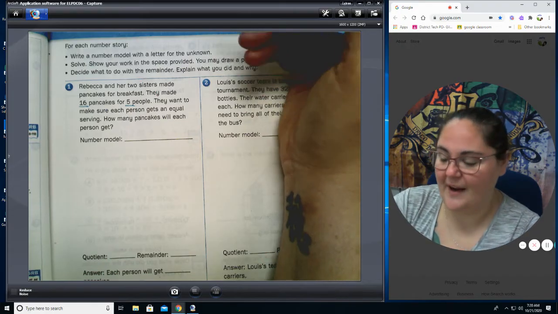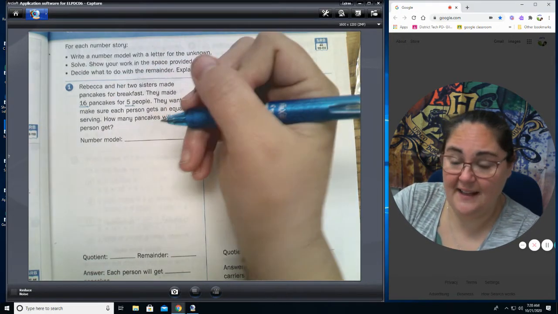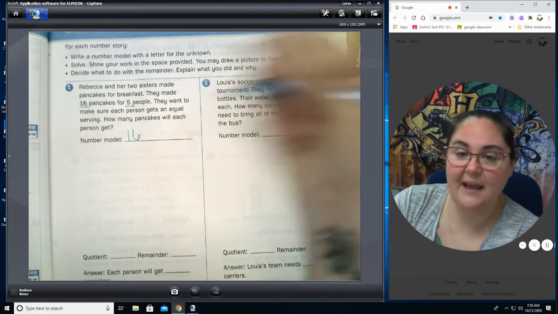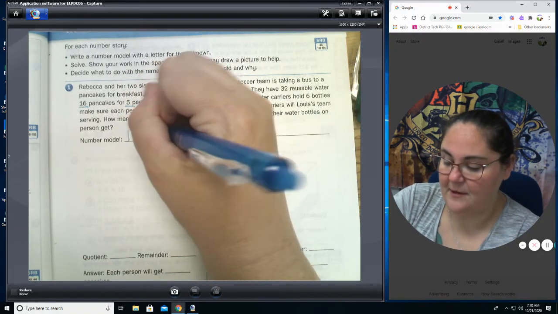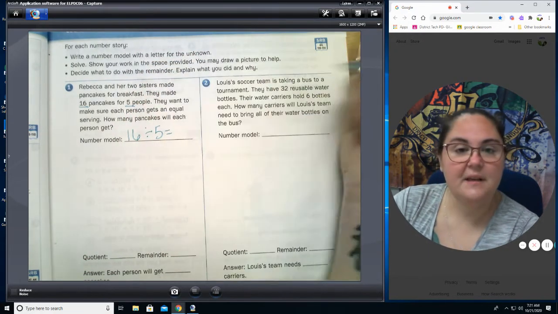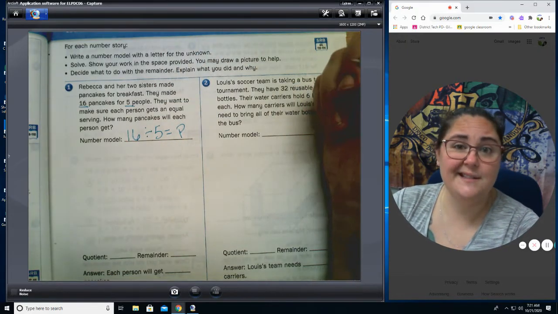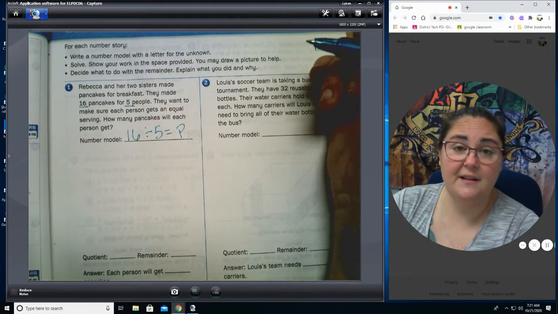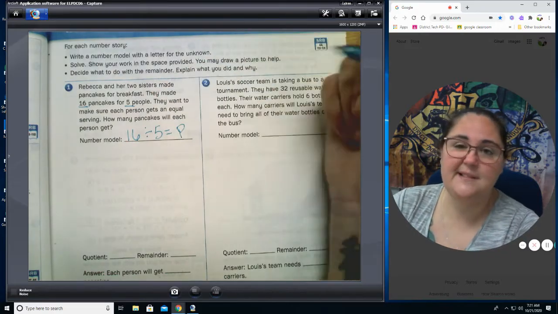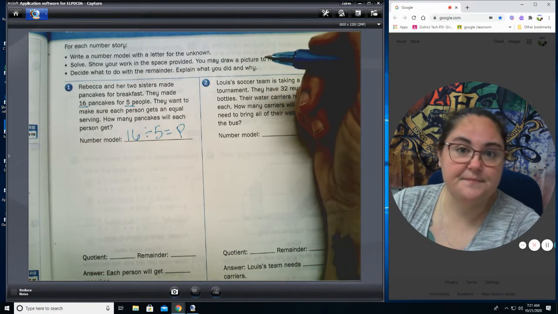Remember what over how. So I'm going to divide the pancakes. So 16 pancakes divided by 5 people equals P for pancakes. Number models can have an answer that's a letter. That's okay. It just means that we need to find the answer. We don't know it yet.